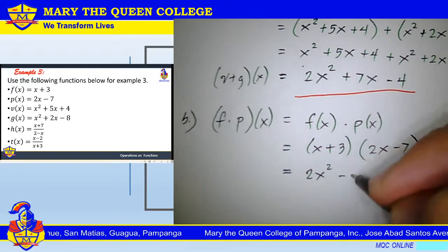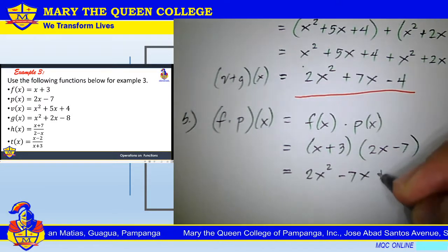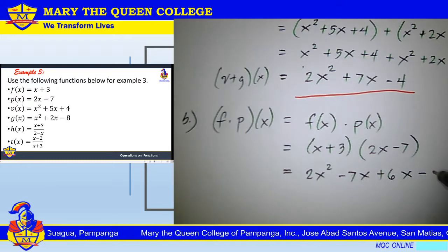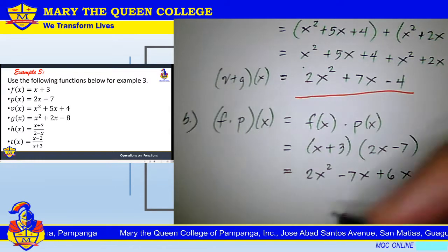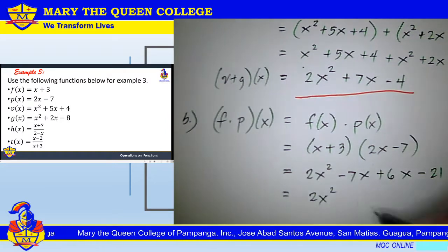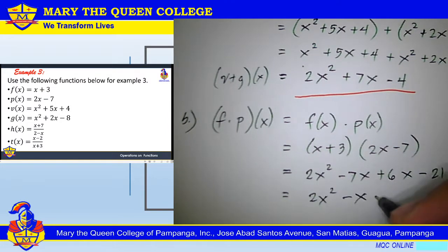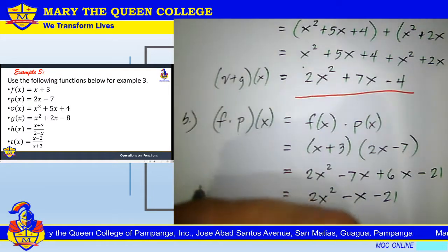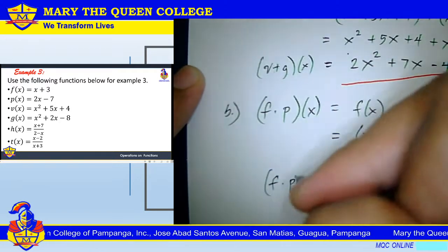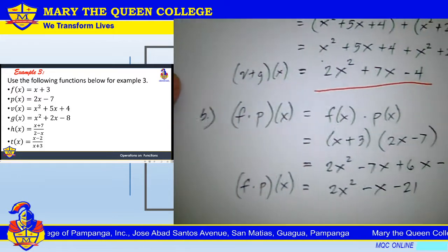Outside term, negative 7x plus 6x, minus 3 times negative 7 is negative 21. Then simplify it further, we will get 2x squared minus x minus 21. So that is f times p of x.